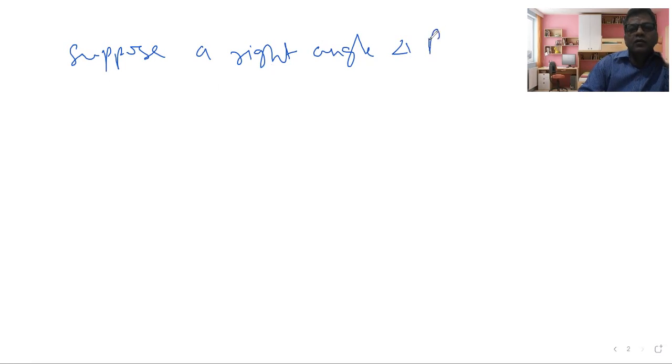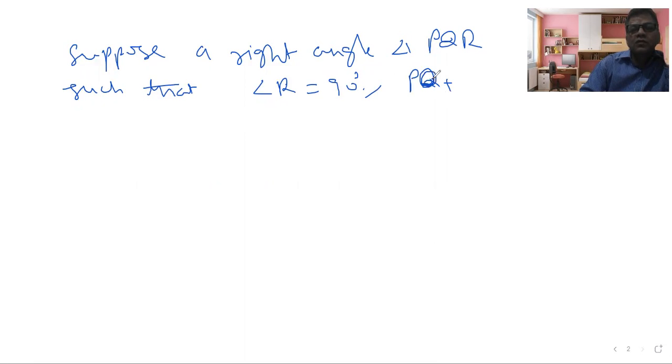Suppose we are given a right angle triangle PQR such that angle R equals 90, PQ plus QR equals 100 meter. Okay.